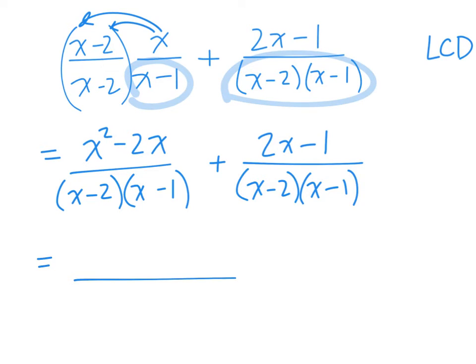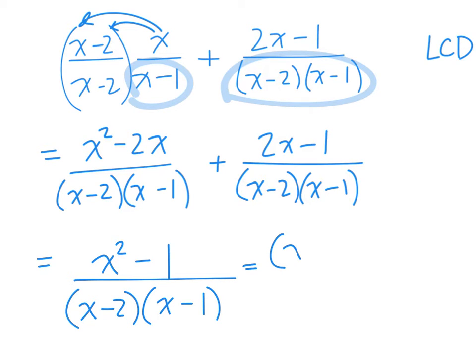What does the numerator become? Yeah, x squared minus 1. In the denominator, it's still x minus 2, x minus 1. We want this in simplest form. What else can I do? X plus 1 times x minus 1. Yeah, so we can factor the numerator again. Sometimes that happens once you combine them, you can actually factor again.